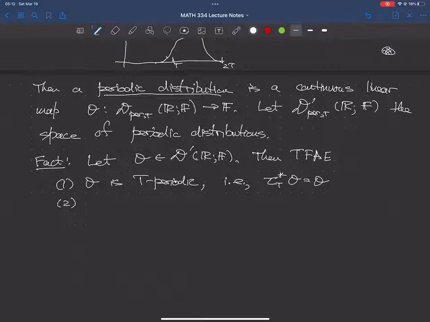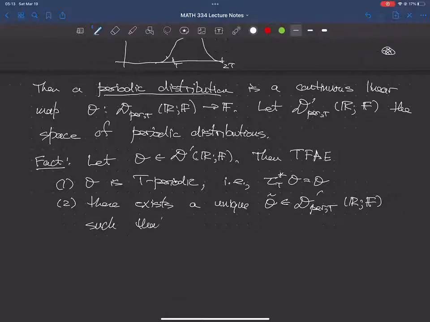Now, the second statement is there exists a unique theta tilde, which is a periodic distribution in the sense that I've defined, such that, okay, so this is where you need to connect the fact that theta takes an argument from D, and theta tilde takes an argument from D per T, okay?